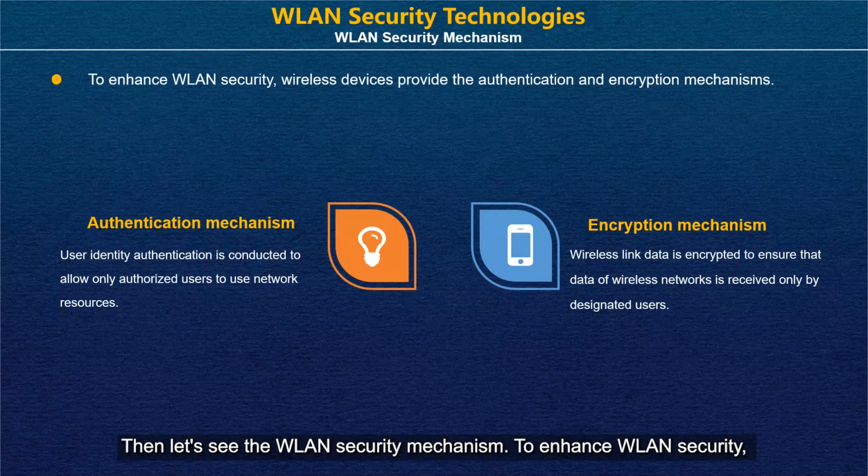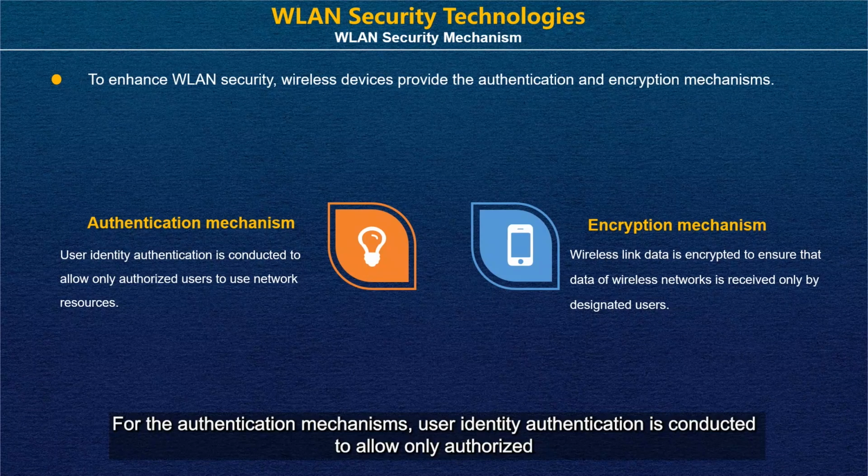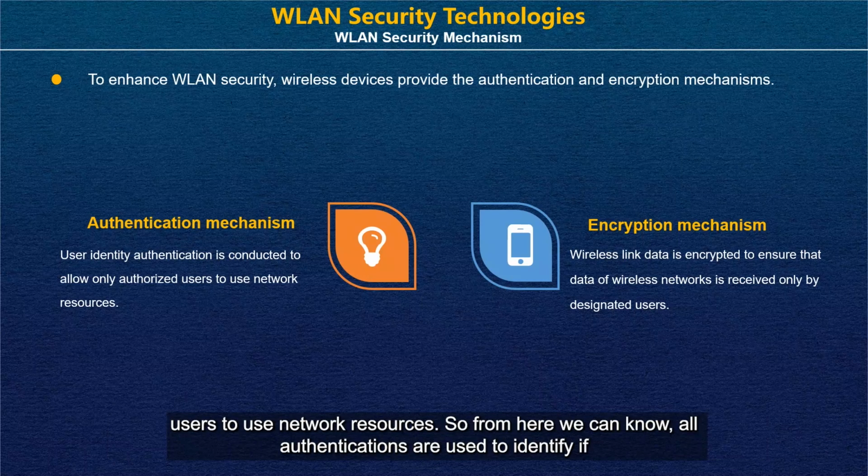Then let's see the WLAN security mechanisms. To enhance WLAN security, wireless devices provide authentication and encryption mechanisms. For the authentication mechanism, user identity authentication is conducted to allow only authorized users to use network resources.